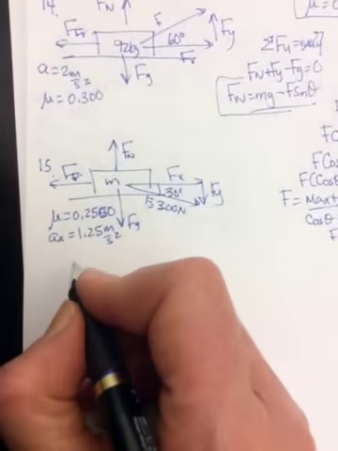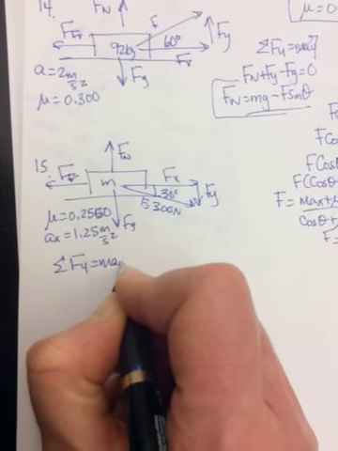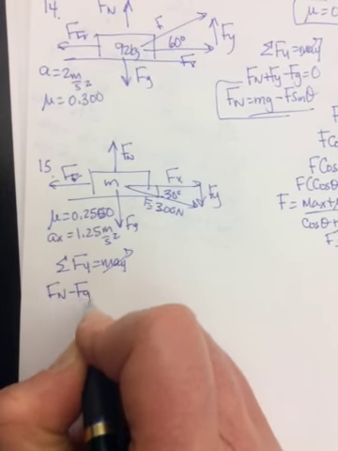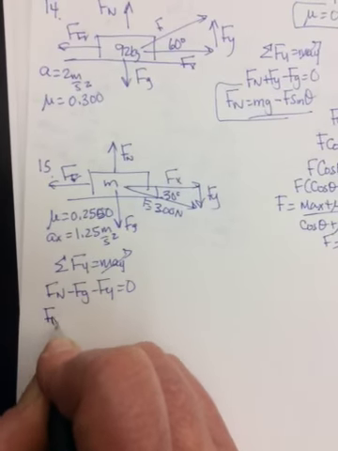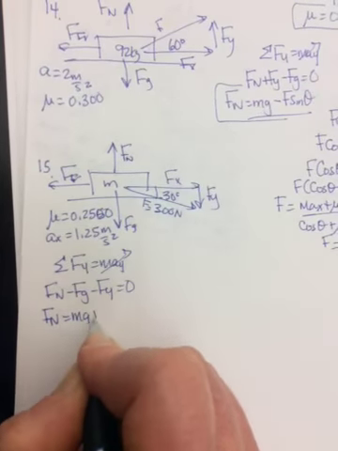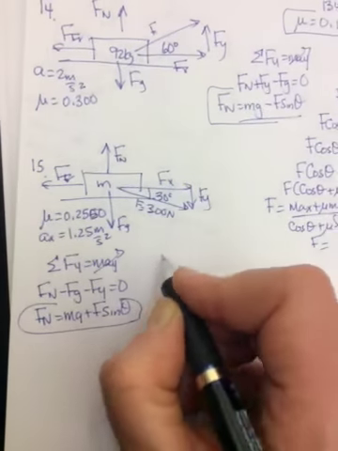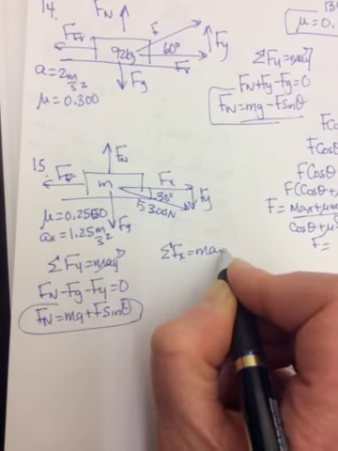So again, sum of the forces in the y direction will equal m a_y, which is 0, so Fn minus Fg, and Fy is going down this time, so it's a negative. So Fn equals mg plus F sine theta. Okay, go to sum of the forces in the x direction, equal to m a_x.